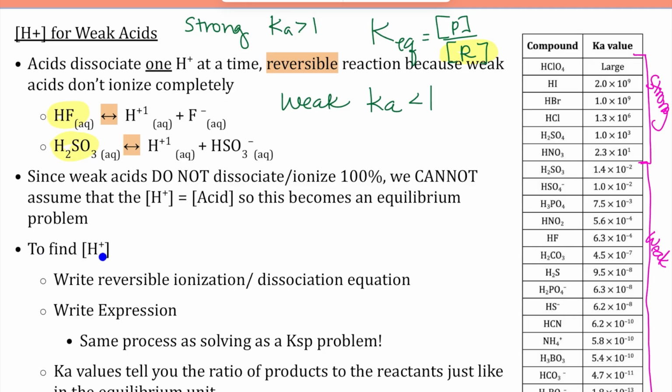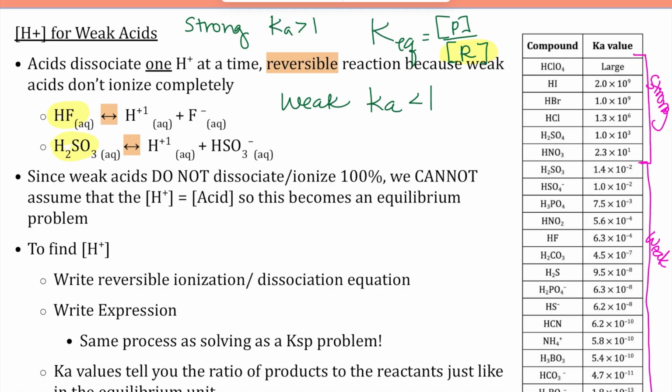And then to find that H plus, we write out that ionization or dissociation equation. The difference from our solubility is that HF, or our acid compound, is aqueous, and so it is dissolving. It's just how much is breaking into ions. And so all of these are aqueous when we're talking about those weak acids.